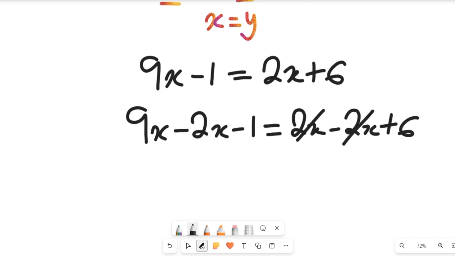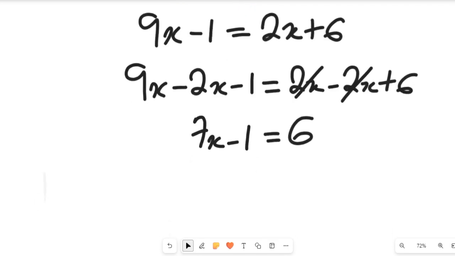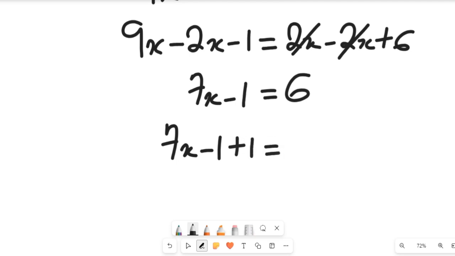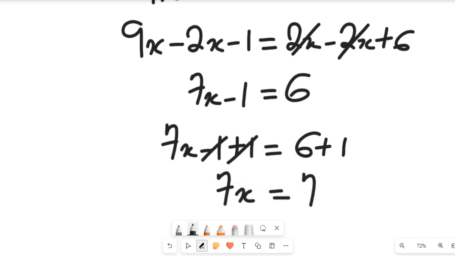This will clear this, and we'll be left with 6 in the right hand side. 9x minus 2x is going to give us 7x minus 1, and that will be equal to 6. Now let's add 1 to both sides. We'll have 7x minus 1 plus 1 equal to 6 plus 1. So this will clear this, and then 7x will be equal to 7.